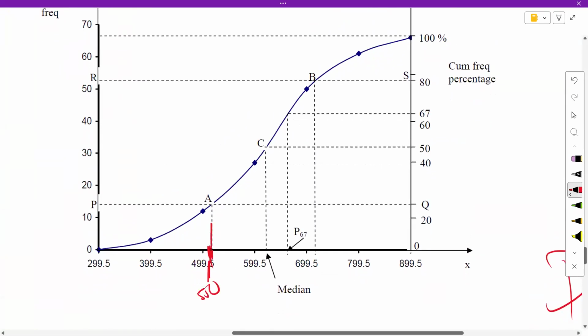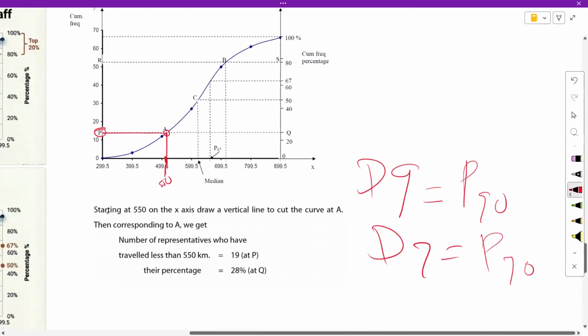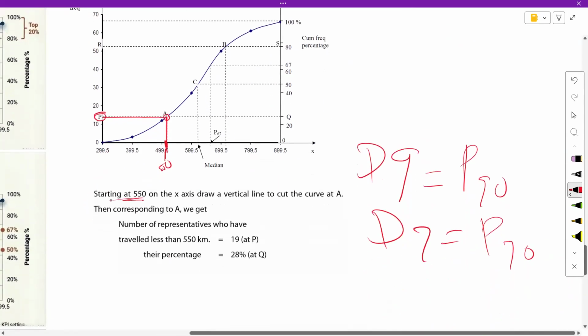Starting from 550 on the x-axis, draw a vertical line, and it cuts the curve at A. Corresponding to A, we get the P. It's 19. There are 19 sales representatives who have traveled less than 550 kilometers, right?